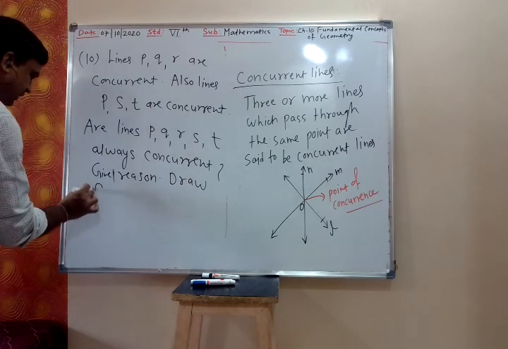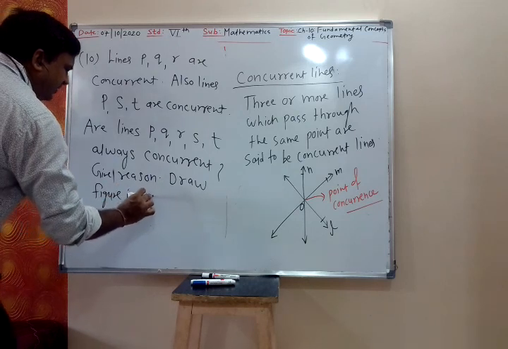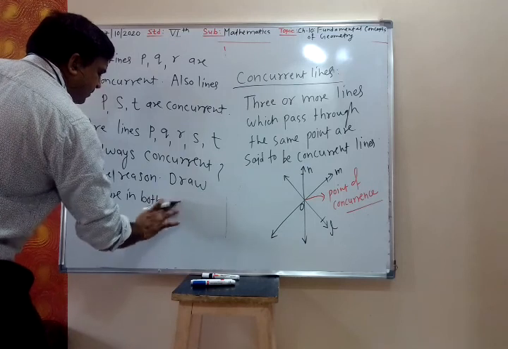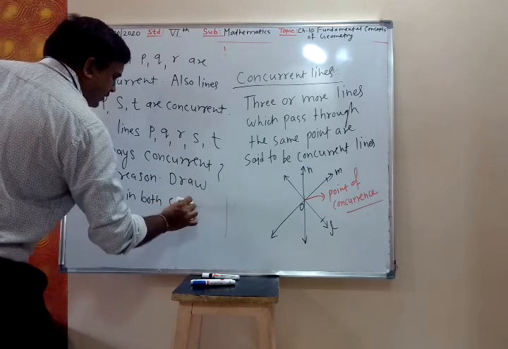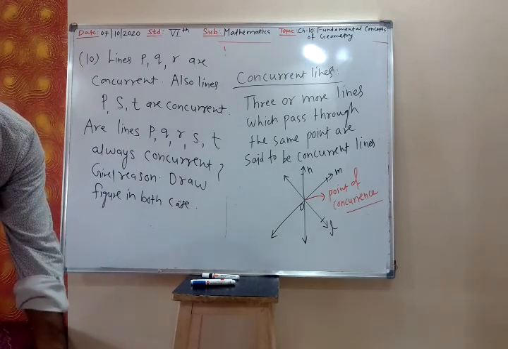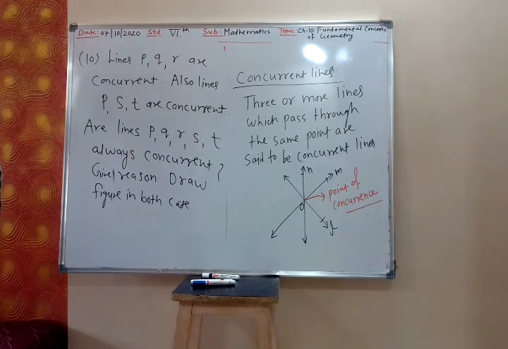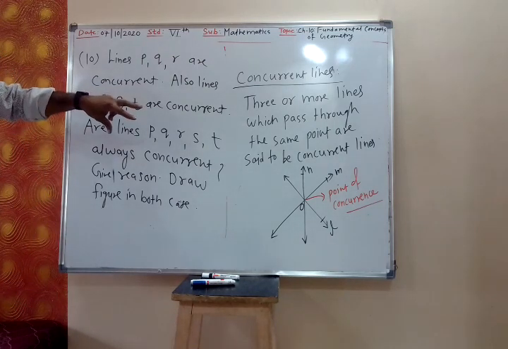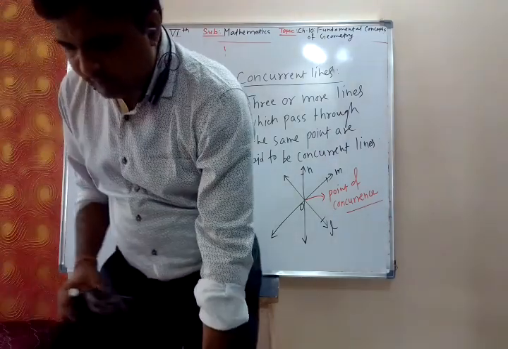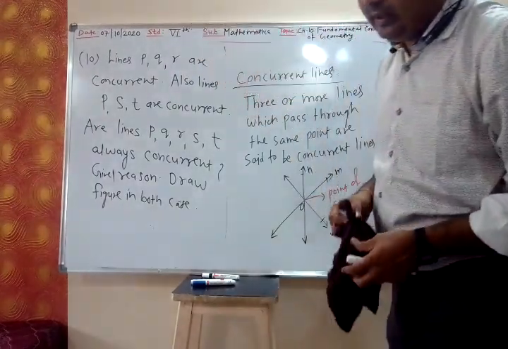Draw figures in both cases. Now, see, this question is the same as the points collinear question. You were given three points collinear, then another three points collinear, and asked whether all four points taken together are collinear. The same logic is applied here.